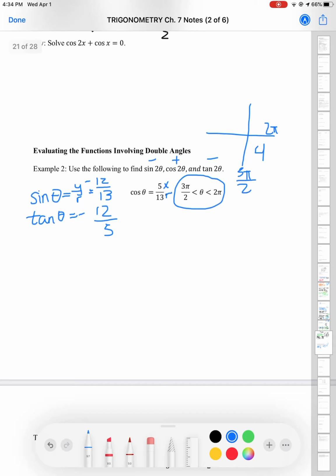For sine 2 theta, that one's pretty easy. That one's 2 sine theta cosine theta.